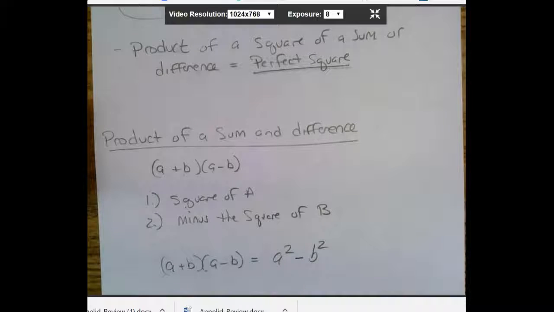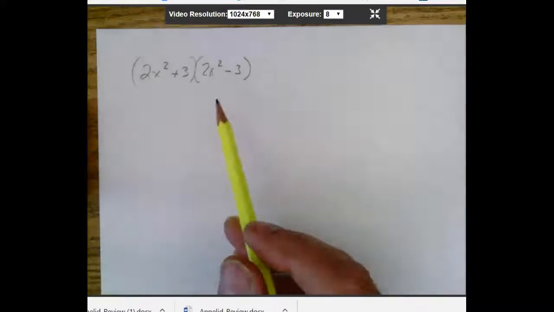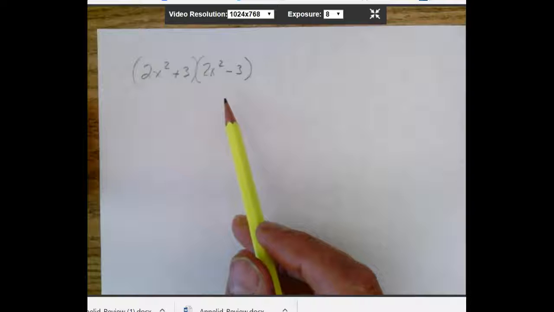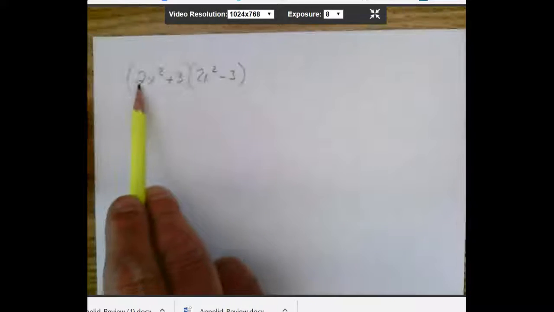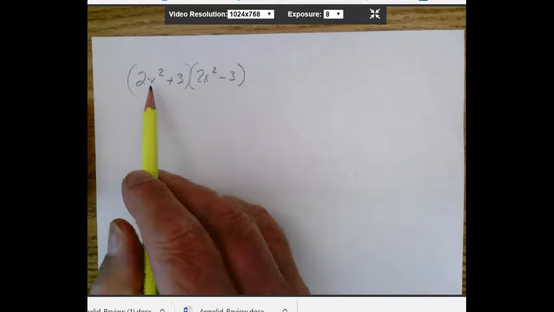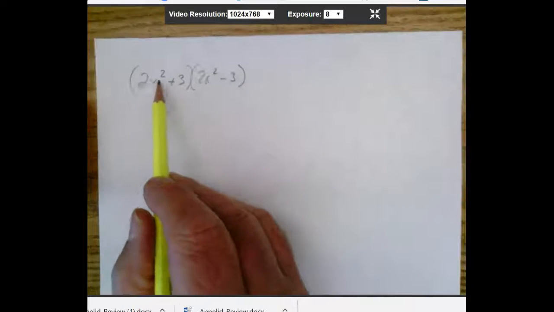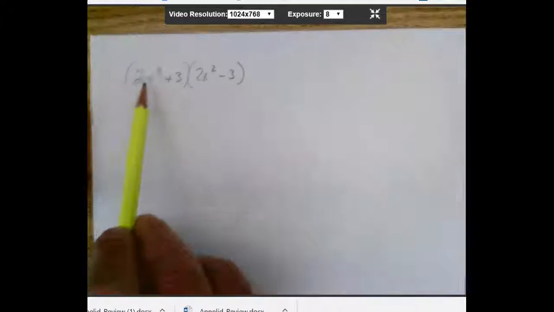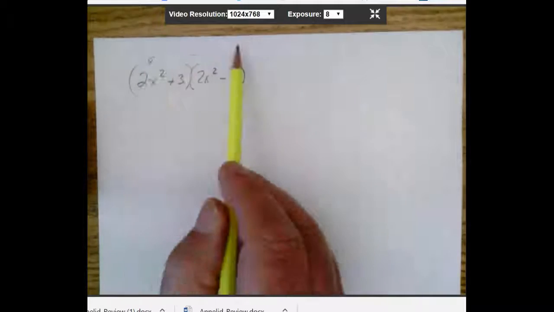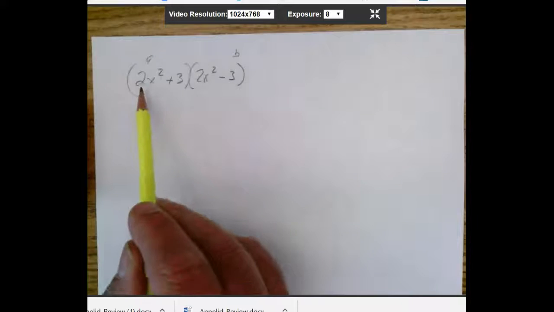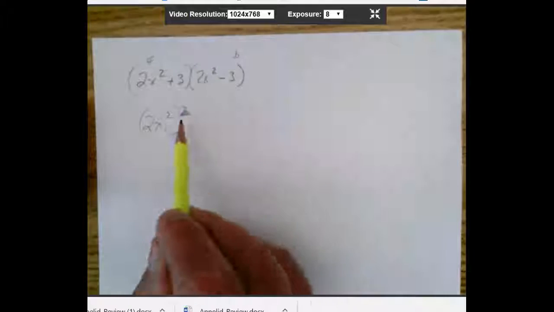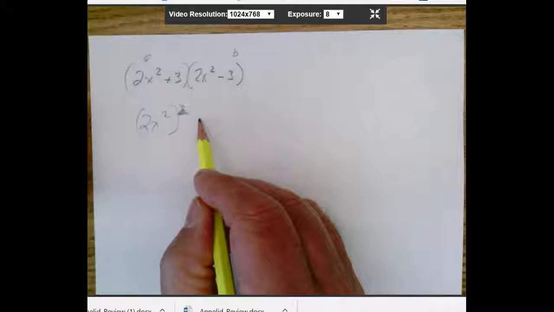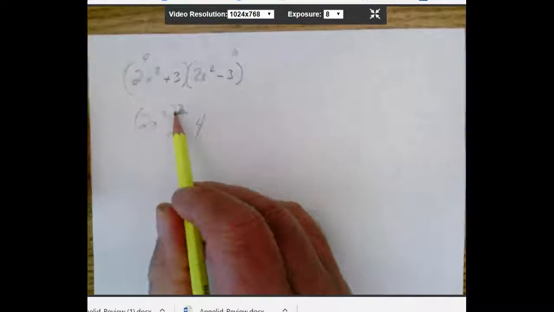We're going to try a practice one on that. Here's a good example. Again, we go back to that product of a sum and a difference. It's just going to be the square of a, so 2x squared, and 2x squared. You can see this is the same, this is your a, and this is your b. So we square 2x squared: 2 squared is 4, and then we multiply the exponents, so it's 4x to the 4th.